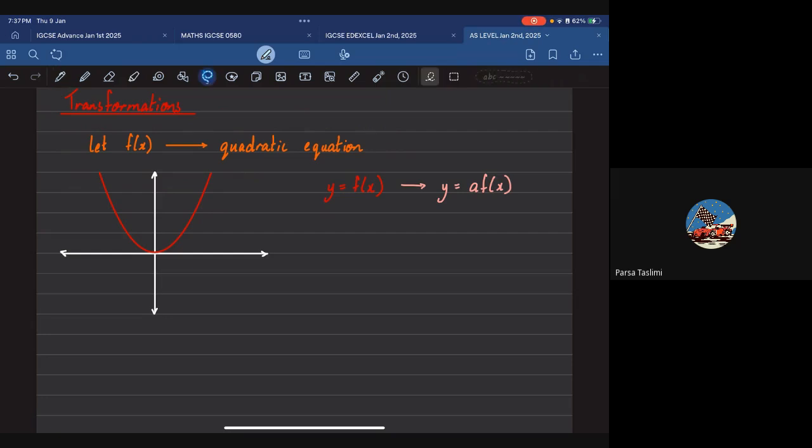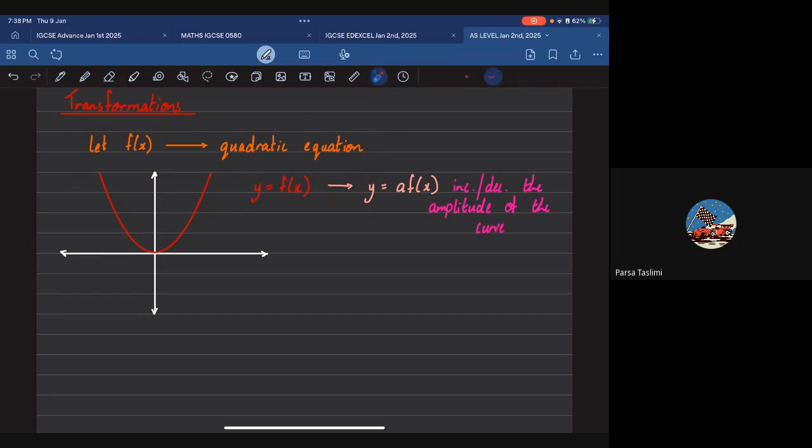This multiplication either increases or decreases the amplitude of the curve.